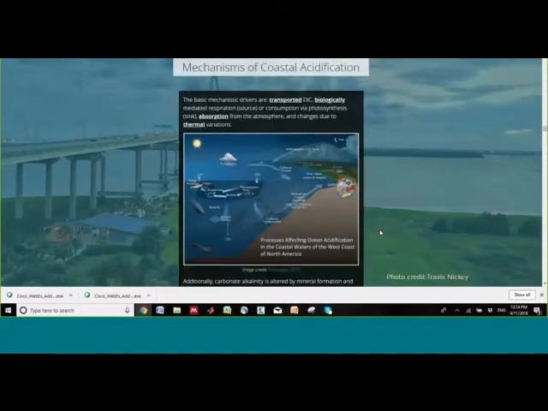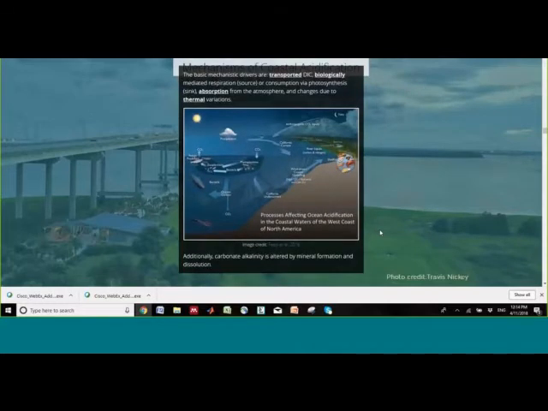So when we talk about the mechanistic drivers, what we're talking about is for alkalinity and DIC, and we're talking about transported DIC, so coming from the land or coming from any distal source.